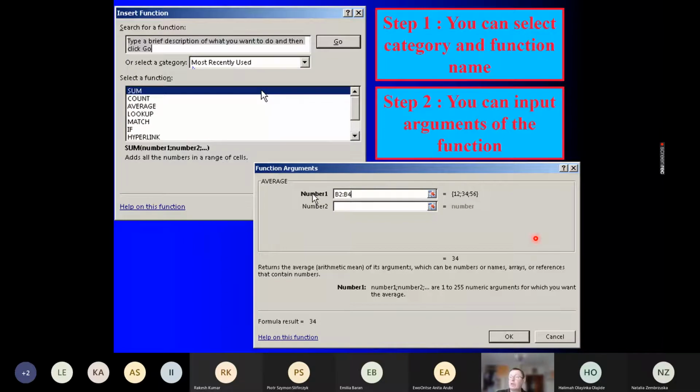If you have a nested function, where a function is used inside another function, and the result of the internal function provides arguments for the external one, which is quite a common situation, you will not be able to create such a statement in a single run of Insert Function.